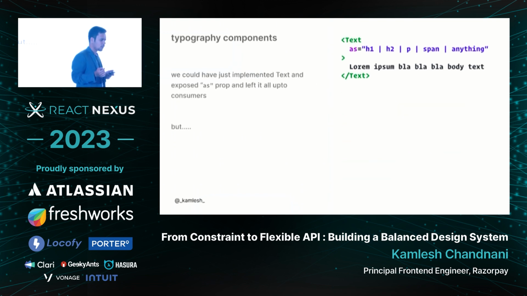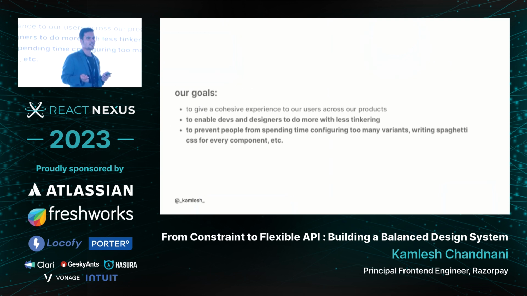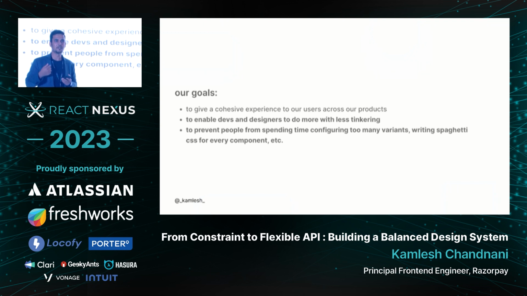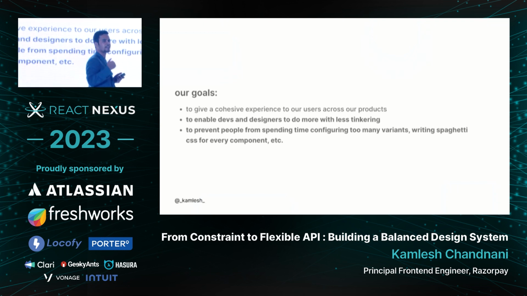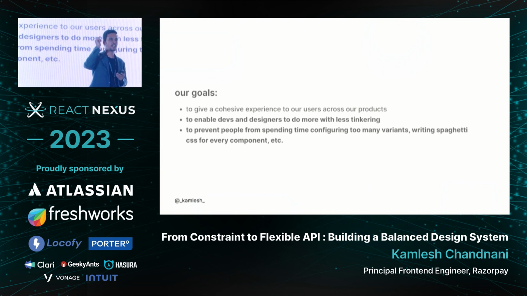A lot of you might think that we could have just implemented text and exposed it as a prop, right, and be done with it. That you say text and I'll just render it H1, H2, whatever it is, right? But again, we wanted to enable people, basically our designers and devs, to think about this less and just take logical decisions: okay, this is a title, I'll just use the title component with this size.